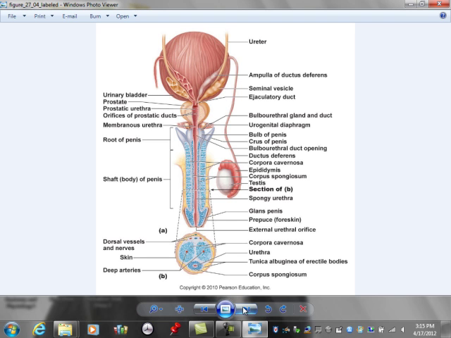So when we talk about maturation or spermatogenesis, it again is going to begin in the testes and then travel through many different accessory organs in the male's reproductive system to make it to the female's reproductive system. So the book talks about the testes and the seminiferous tubules and the penis, which is the delivery system into the female's reproductive system.